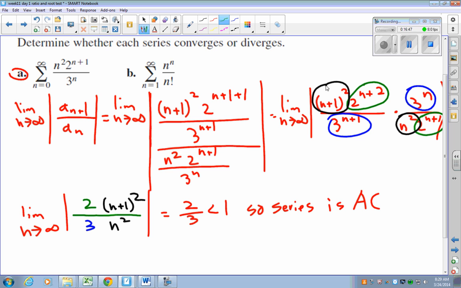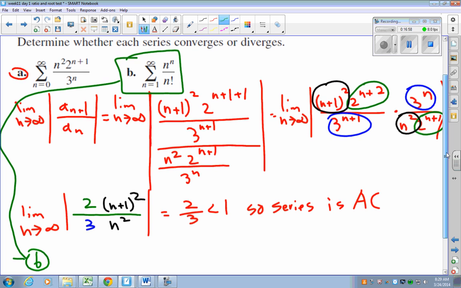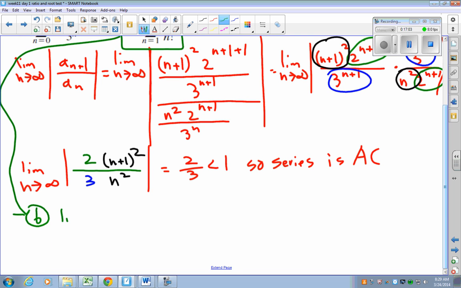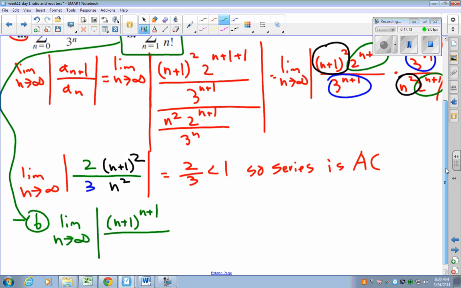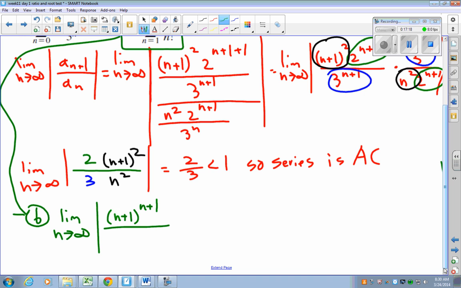Now let's look at B. We'll scroll down to it. This is n to the n over n factorial. So limit as n goes to infinity of n plus 1 to the n plus 1, all over, what was this problem again, n factorial.